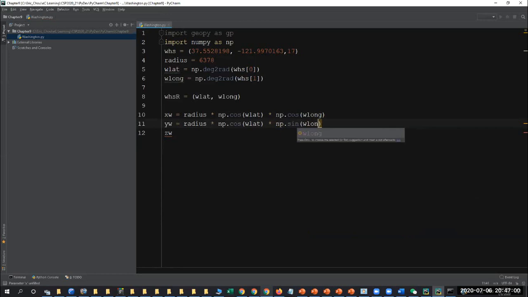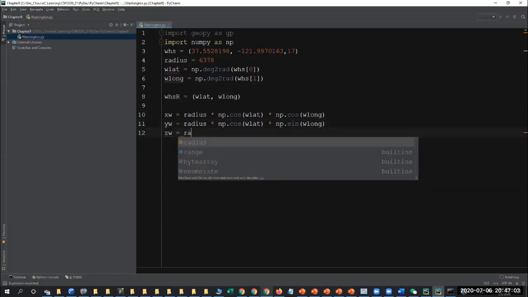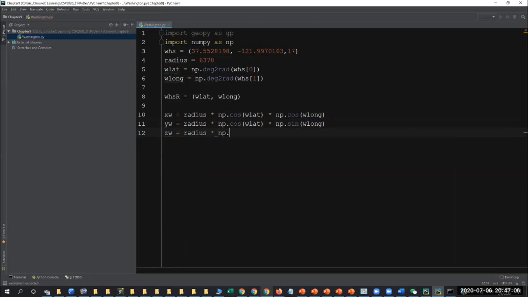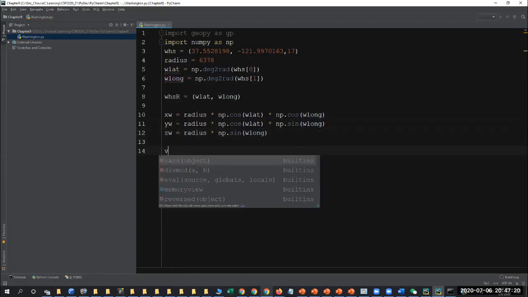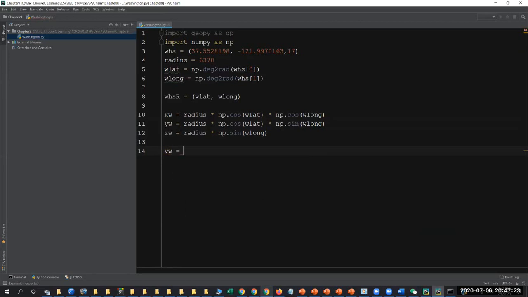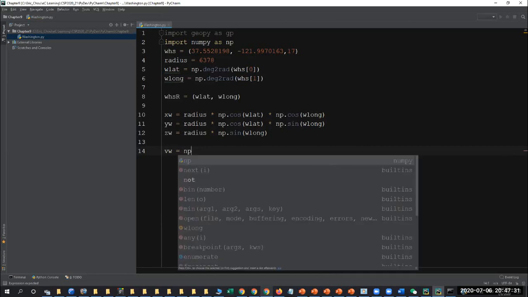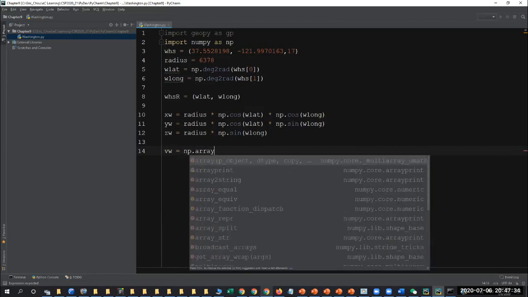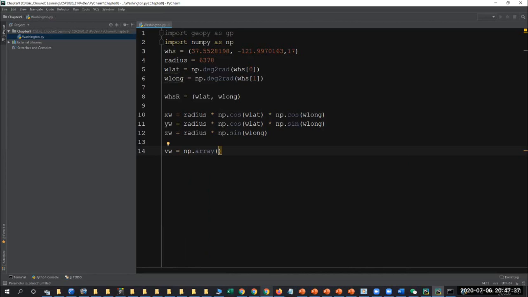And for the last one, radius times numpy sine of W long. You can keep the angle and multiply by the radius later. Now I have XYZ, so let's do VW, the vector of W. You can do numpy array, and then you will have a vector system.